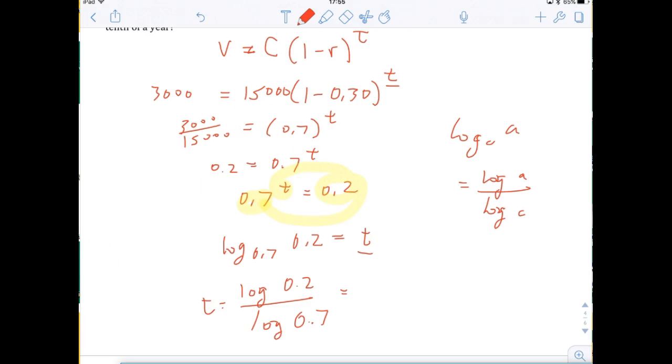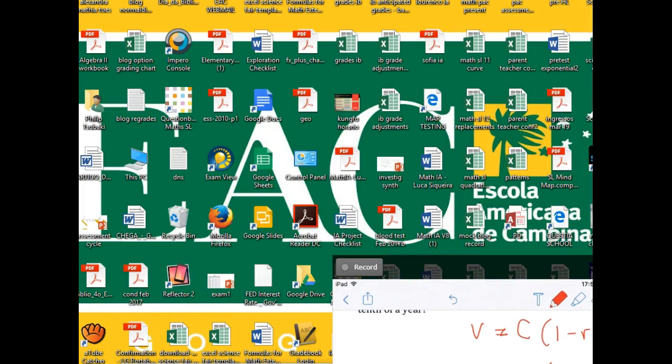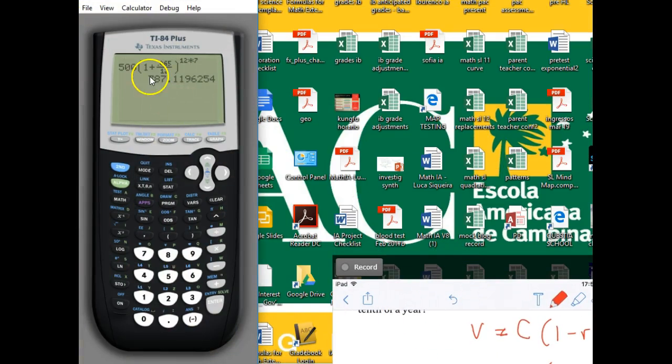You can use either natural log or log. So first I'm going to do regular log base 10. So I'm going to do log base 10 of 0.2 divided by log base 10 of 0.7. And that gives me a result of 4.51. I'm going to write that down first.